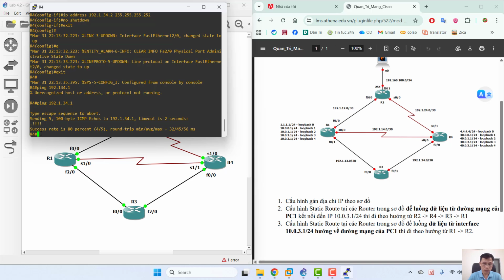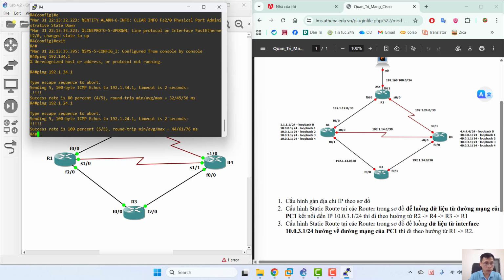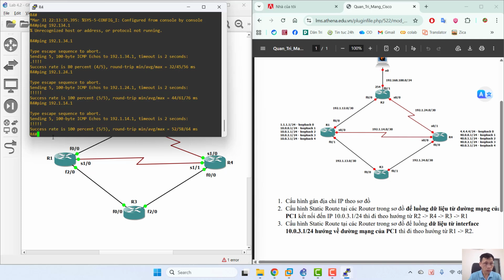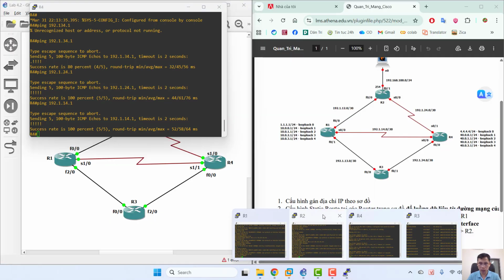So ping 1.2.1.24.1. Okay, it goes. And the last ping is 1.2.1.14.1. Okay, good. So let's check the last router.